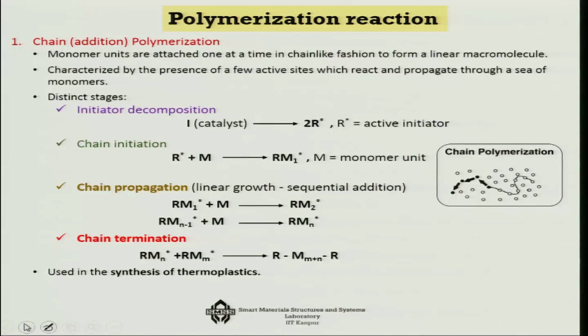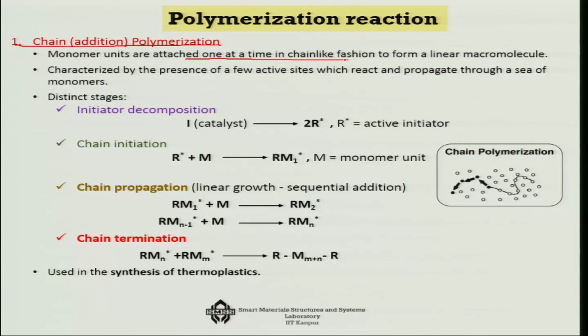Now what happens in this polymerization process? We have told many times the polymerization process from monomer to polymers. Now there are two types of polymerization process. One is called chain or addition polymerization. So in this process, the monomer units are attached one at a time in a chain-like fashion to form a linear macromolecule.